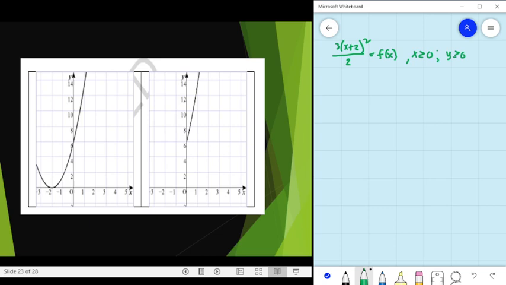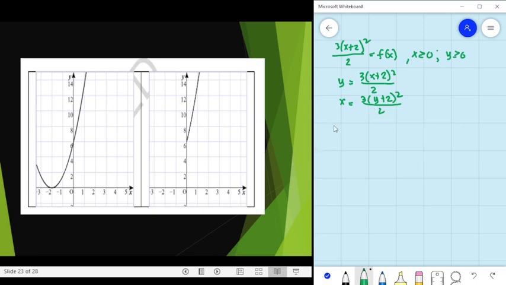So from the equation y is equal to 3 quantity x plus 2 squared over 2, we now make it x equals 3 times quantity y plus 2 squared over 2.